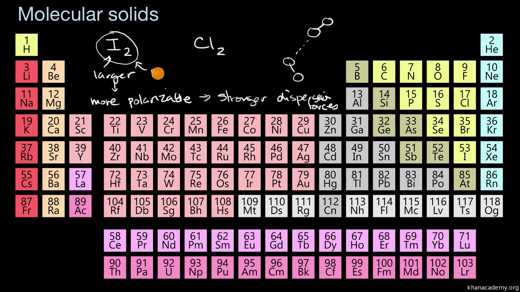The melting point of a molecular solid formed by iodine, we've already talked about that, is 113.7 degrees Celsius, while the melting point of a molecular solid formed by molecular chlorine is negative 101.5 degrees Celsius, which is very cold. And so iodine has a higher melting point because of the stronger dispersion forces.